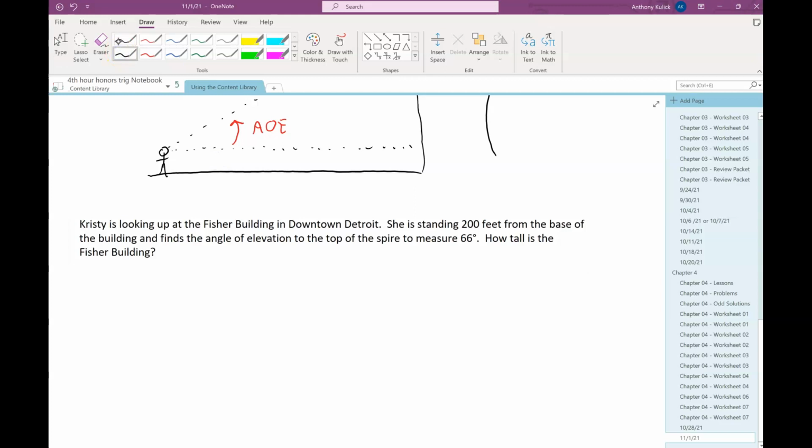First example: Christy is looking up at the Fisher Building in downtown Detroit. She's standing 200 feet from the base of the building and finds the angle of elevation to the top of the spire to measure 66 degrees. How tall is the Fisher Building? I'm just going to draw a really simplified version of the picture.